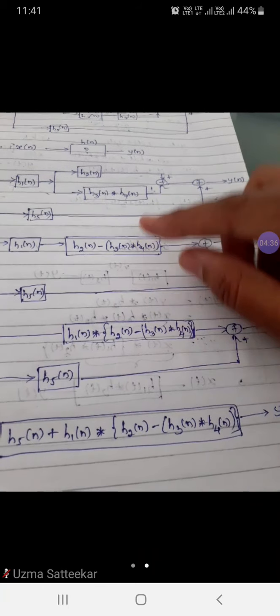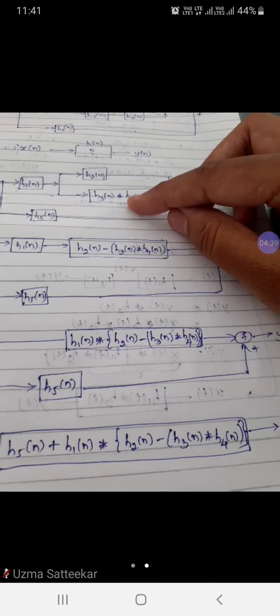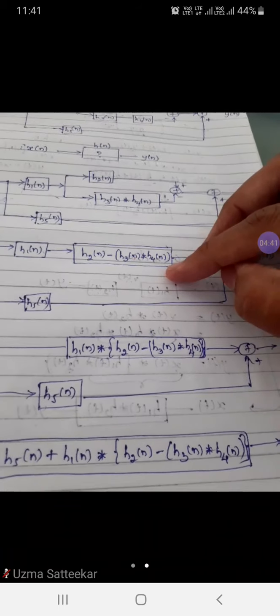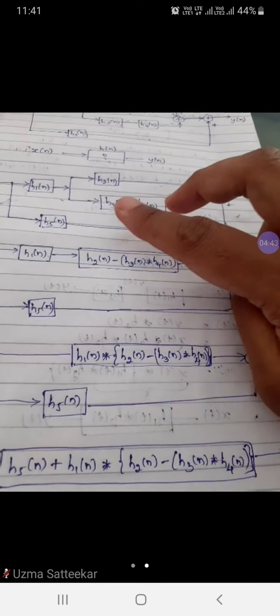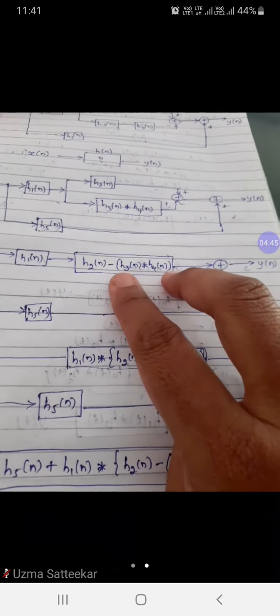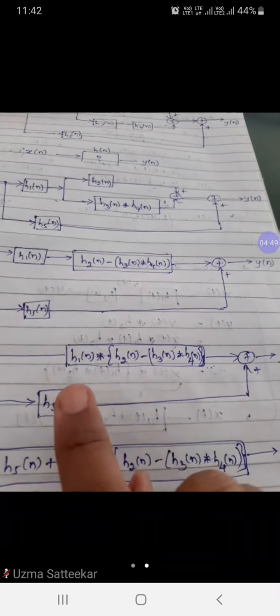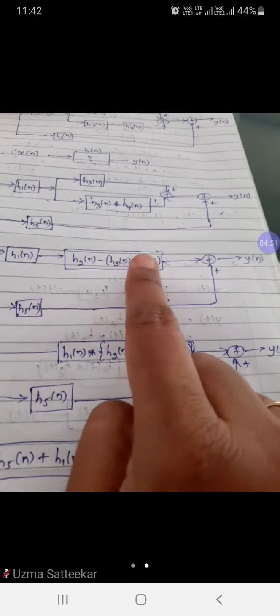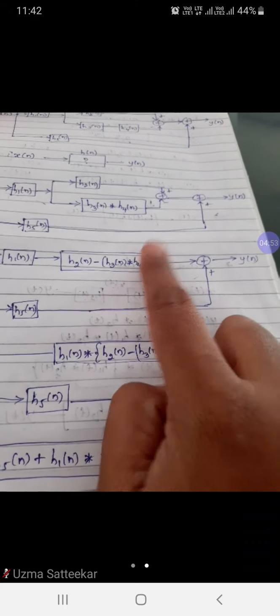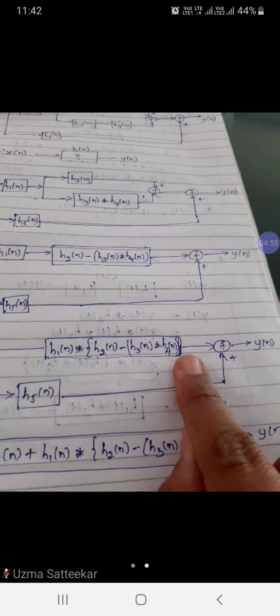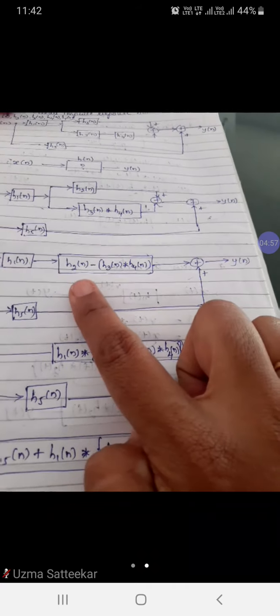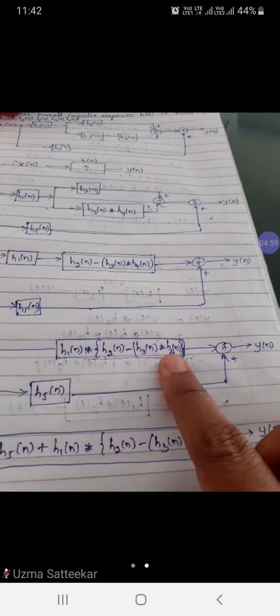Remember, whenever we have done one single step, every time we put brackets here. It is very important. Here it is put in brackets. In the next step, h1 is convolved with this complete impulse response, hence a flower bracket is added here, and this part is as it is.